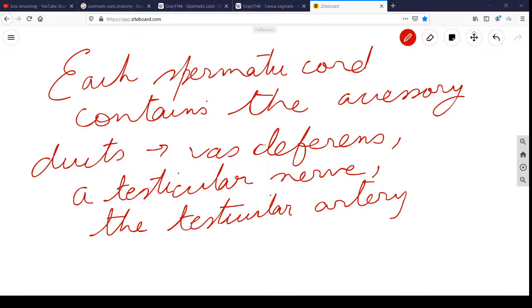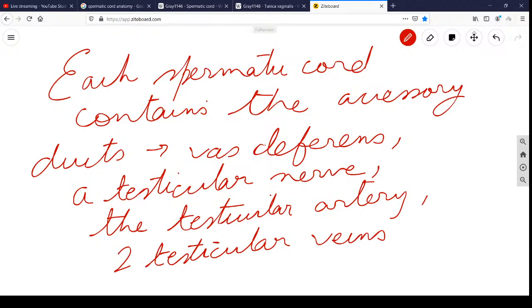Then you can say two testicular veins or spermatic veins. So 2 plus 1, 3. So total three blood vessels are contained.